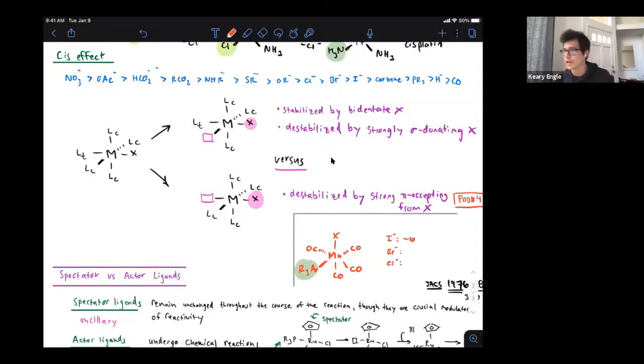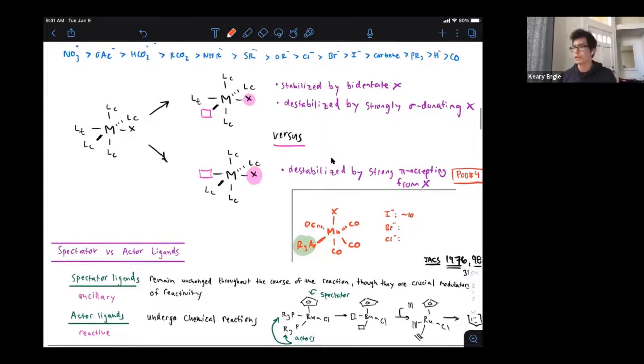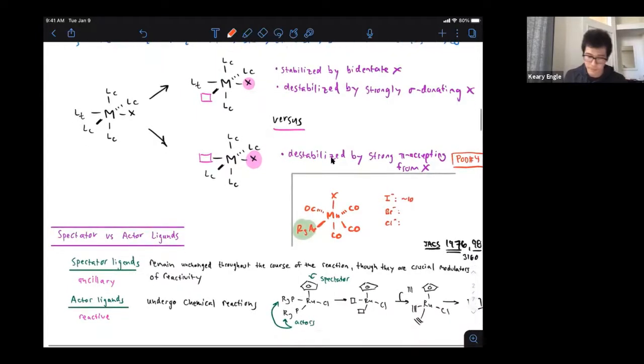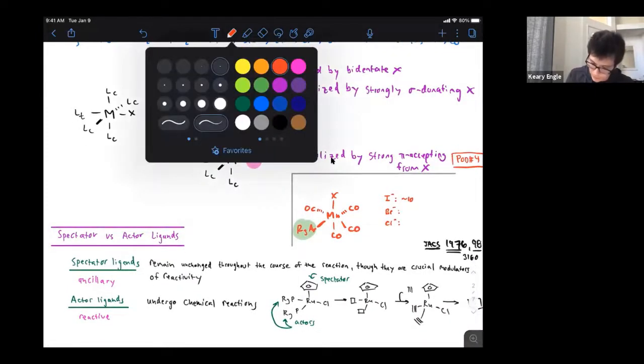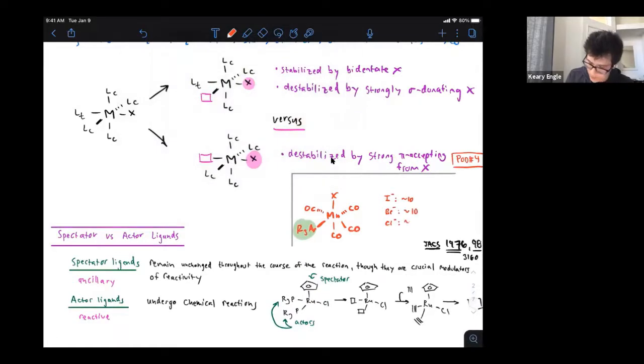If we go to our handy dandy empirical list, we see that chloride has a stronger cis effect than bromide, than does iodide. And so there's about a one order of magnitude difference between these three, and these are all in units of per second.